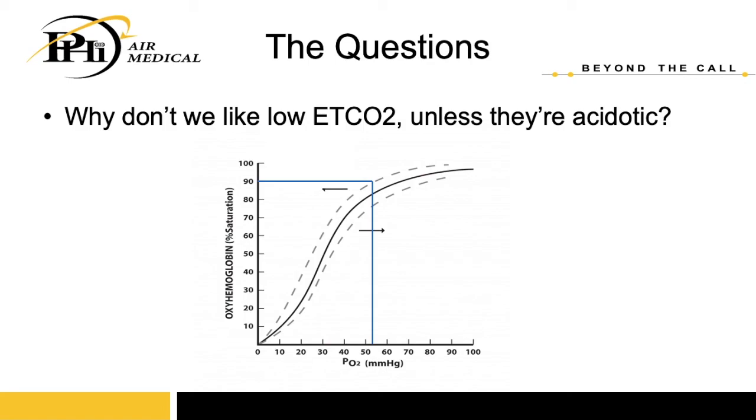Whereas if we would just slow that respiratory rate down a little bit, bring that CO2 back to normal, shift that curve back over into its normal position, we know that a saturation of 90% would give us a much higher PO2. So we don't like alkalosis, and if somebody's in an acidotic state, 90% sats, not so scary.